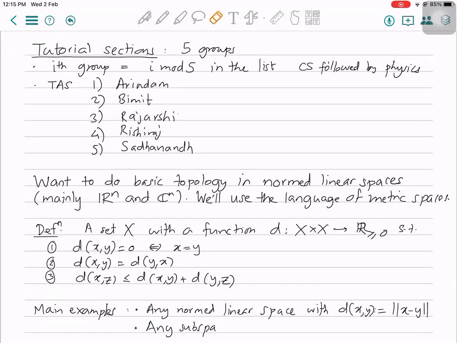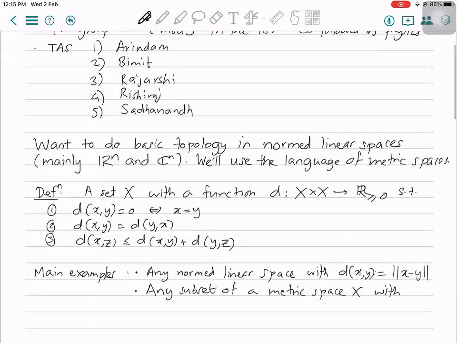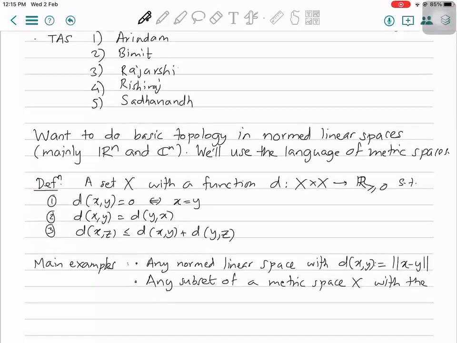But here, any subset of a metric space with the same distance function. I mean, same, pedantically, the restriction of that function from X cross X to your subset cross itself.